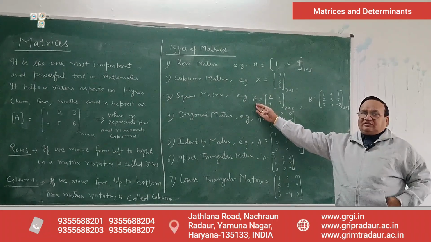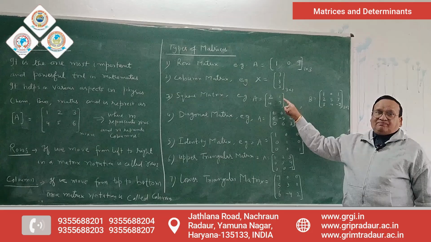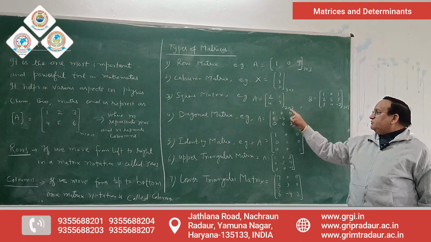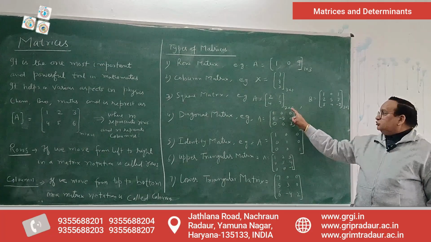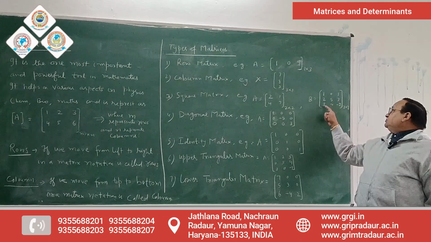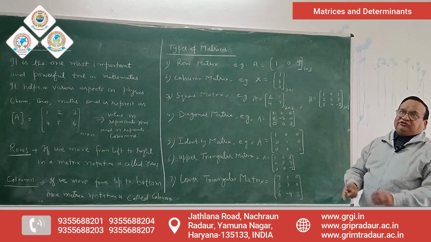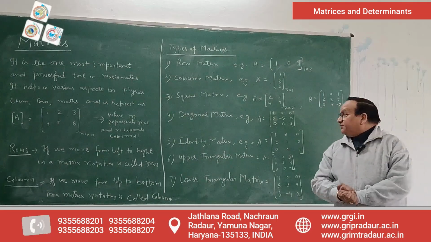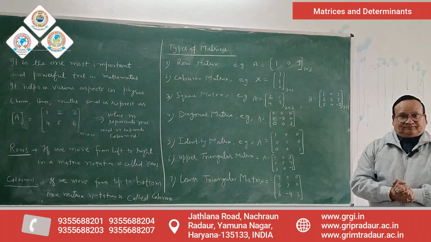Matrix A is given with 2 rows and 2 columns, so the order will be 2 by 2. Then 1, 0, 1, 2, 5, 7, 3, 4, minus 2 has 3 rows and 3 columns, so the order is 3 by 3. So matrices A and B are of square type.